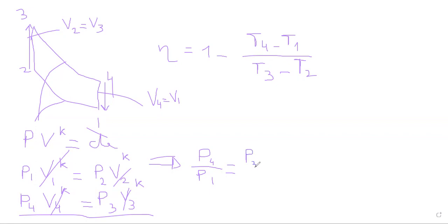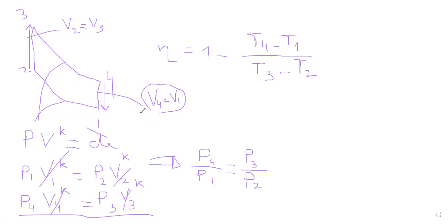But since we want to include temperatures, okay, we can say that from 4 to 1, we have a process at constant volume. Okay, and from 2 to 3, also we have a process at constant volume.